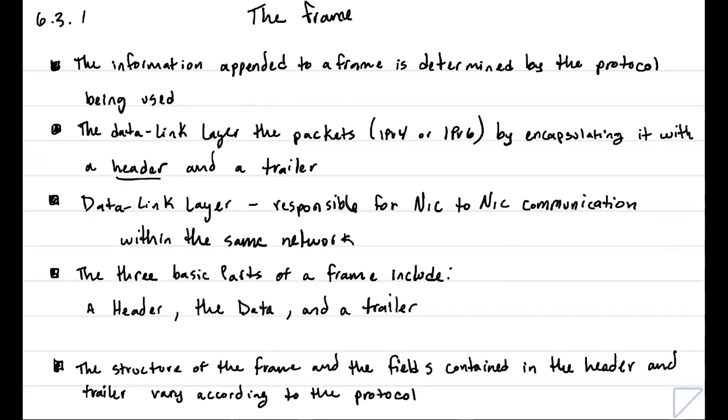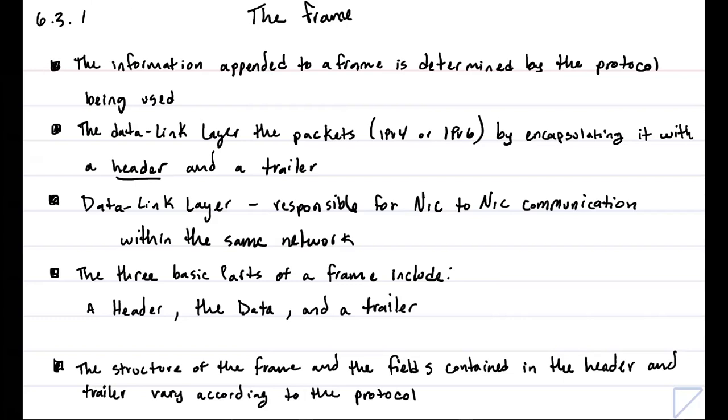The data link layer encodes the packet that it receives from layer 3, whether it's IPv4 or IPv6, and encapsulates it with a header and trailer. This is the information that you add at the beginning or at the end of the information that it received from the networking layer, layer 3. It's going to add a header and a trailer.